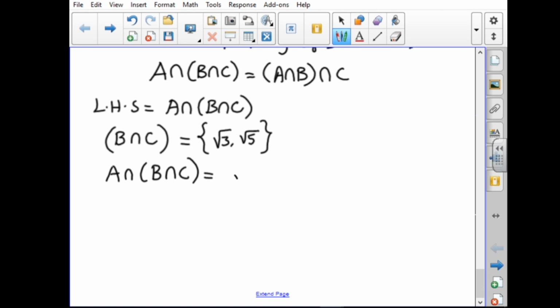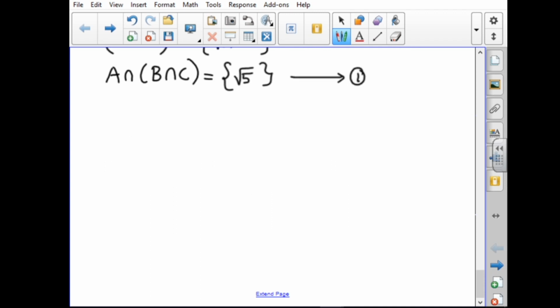So the common element is only root 5. This is equation number 1. The same way we did in the previous sum, you have to use for this sum also.